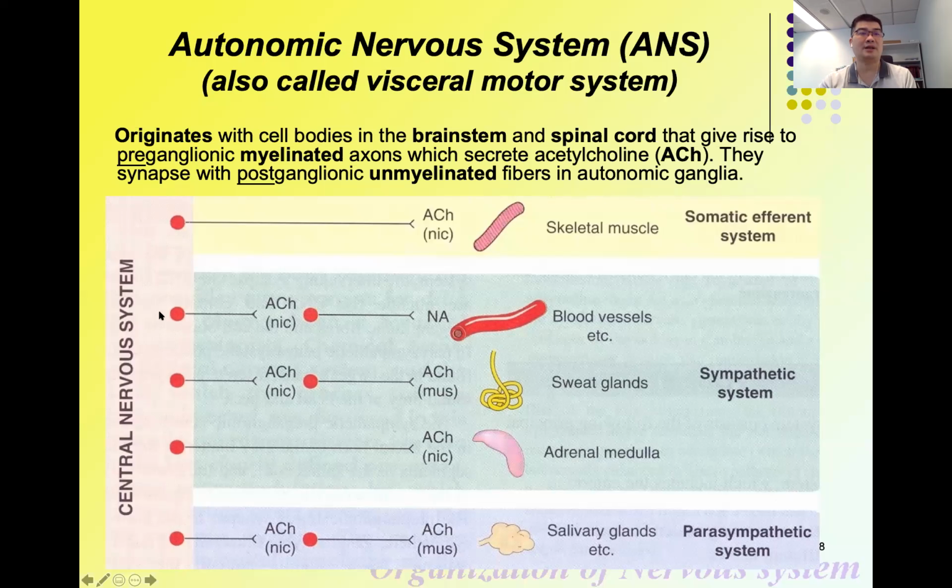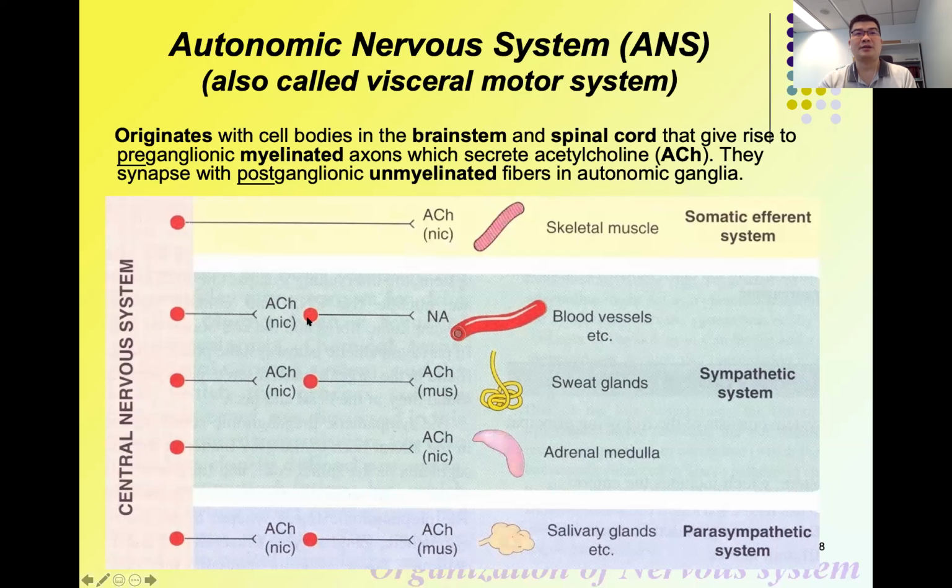Here the preganglionic neurons come out from the spinal cord and go to the ganglionic neurons.